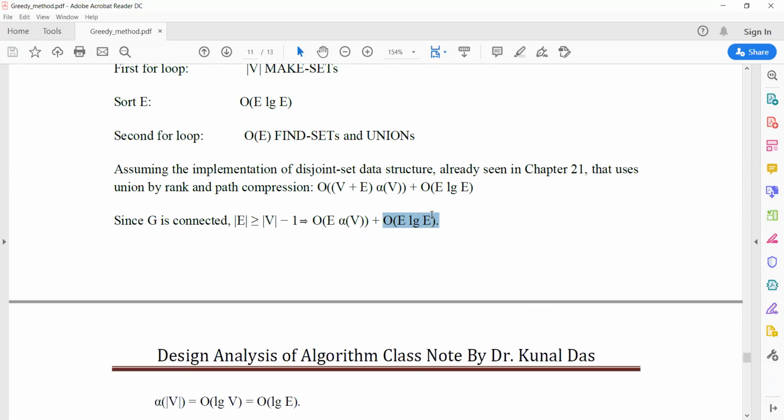So it's order of E log E. Rather, you can say the solution is order of E log E, which is the maximum component of the solution of Kruskal's algorithm.